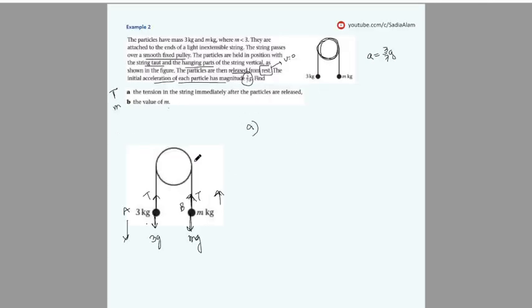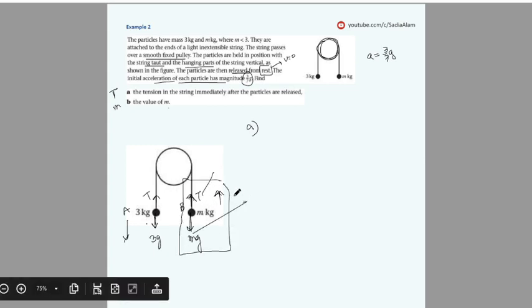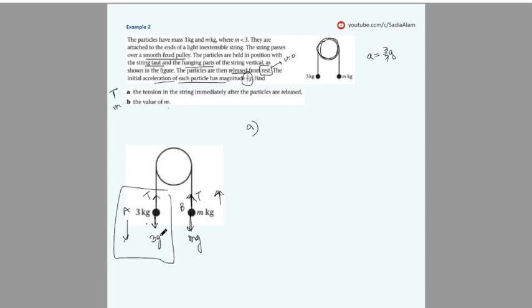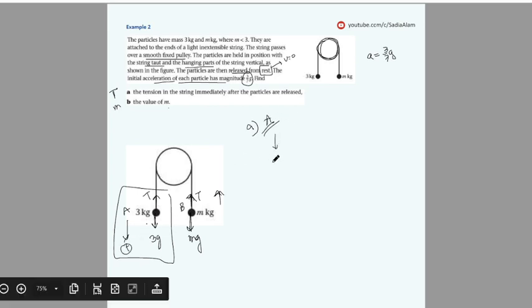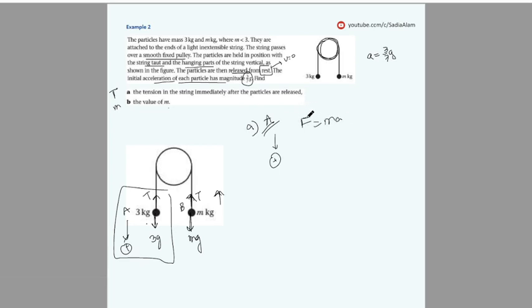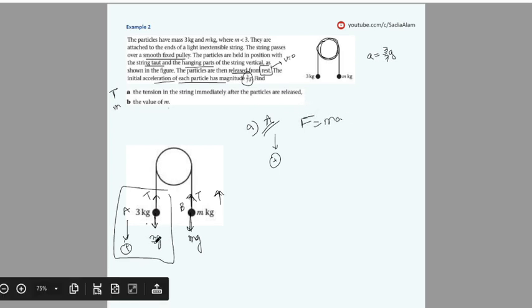Okay, so if I start with this one, in that case we do not know the value for T, we do not know the value for m. So it's better to start with A, because here we know the value for m, right? So if I consider particle A, it's going downward, so I will take downward as positive. So F equals ma. So weight is downward, that's the direction of motion.